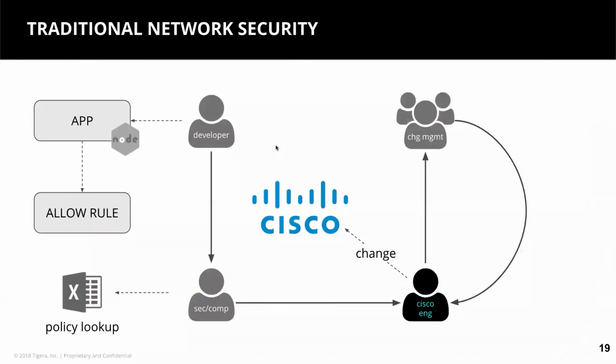Additionally, we have to worry about, well, what is the actual technology of that firewall? If I'm using Cisco or Palo Alto or Juniper, I have a network engineer that is using a very proprietary set of commands and knowledge about a very particular type of firewall. And typically, there's not a lot of crossover between a network engineer and a developer or the other pieces of the organization that need to interact with that.